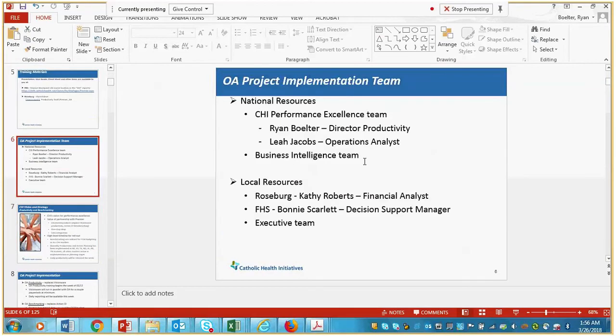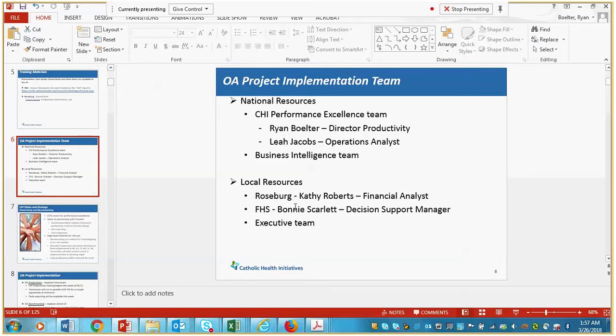So some of the resources available to you, again, my name is Ryan Belter. I'm with the Performance Excellence team. Leah Jacobs is also on my team. She's for the FHS folks. She's going to be your main point of contact as you leave this session today. Kathy Roberts in Roseburg will be the main point of contact there. Bonnie Scarlett's been very involved in this process as well.